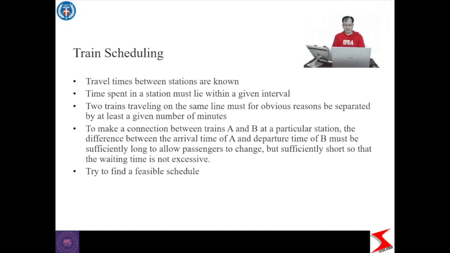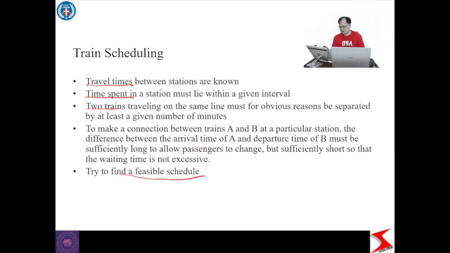And in this scenario, in order to find a feasible schedule, we need to know some parameters, right? Like traveling time, the time span in a station, and the time between two trains, which should be long enough for safety reasons.